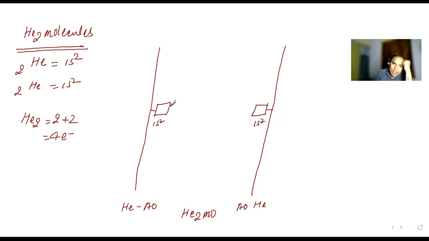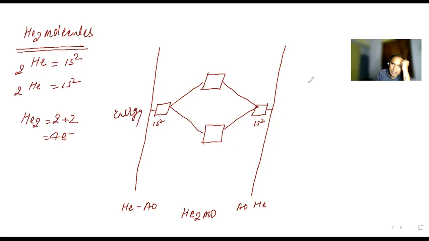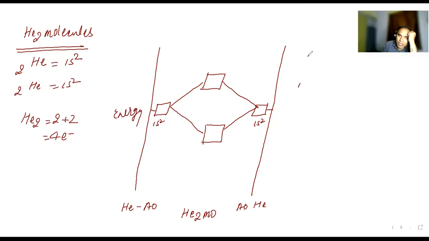So this is 1s2 and 1s2, and this is the energy order. The molecular orbital configuration: 4 electrons are there.